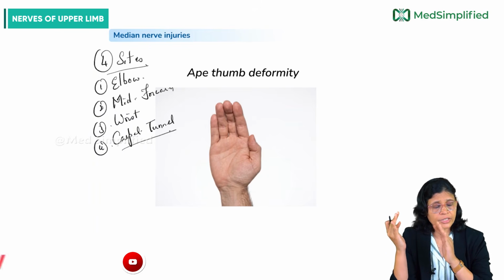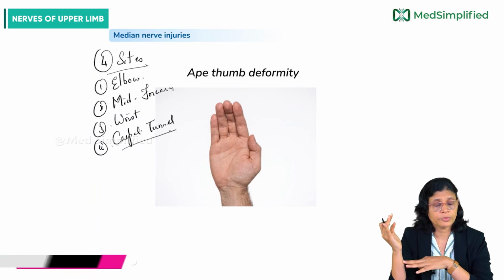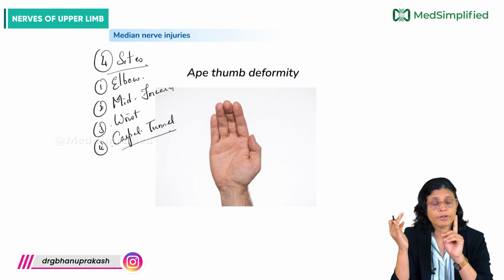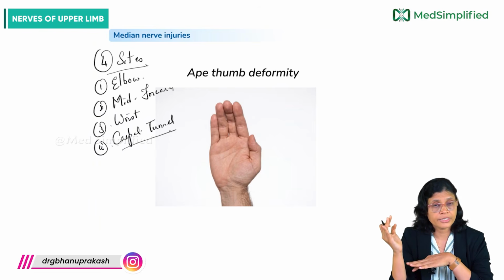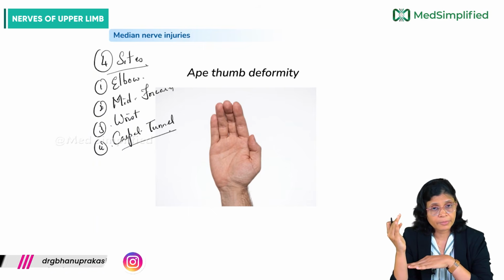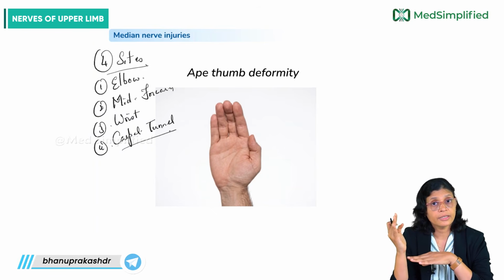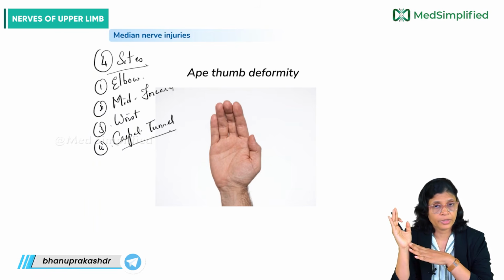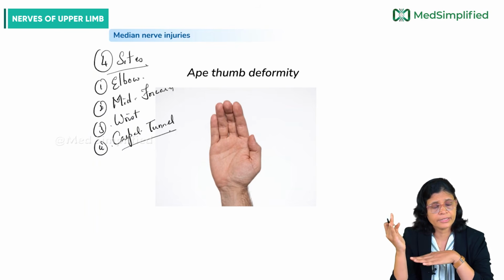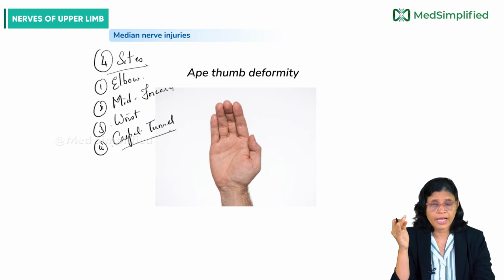Through its main branch, it will supply all the superficial flexors of the forearm except for flexor carpi ulnaris, and through its deep branch, the anterior interosseous nerve, it will supply the deeper flexors, which include the flexor pollicis longus, and the flexor digitorum profundus, only the lateral half, as well as the pronator quadratus. So these muscles are supplied by its anterior interosseous branch.